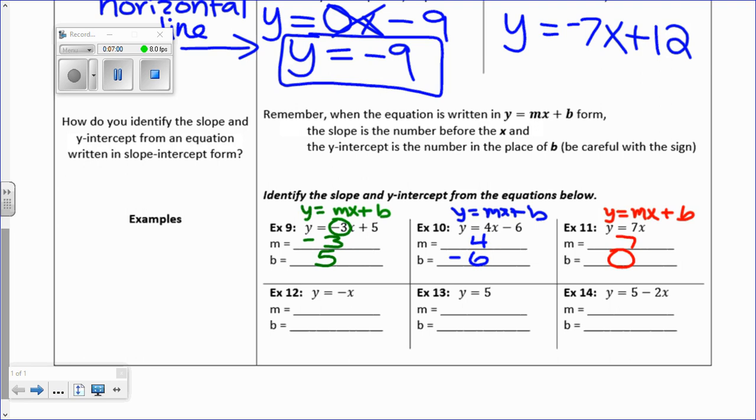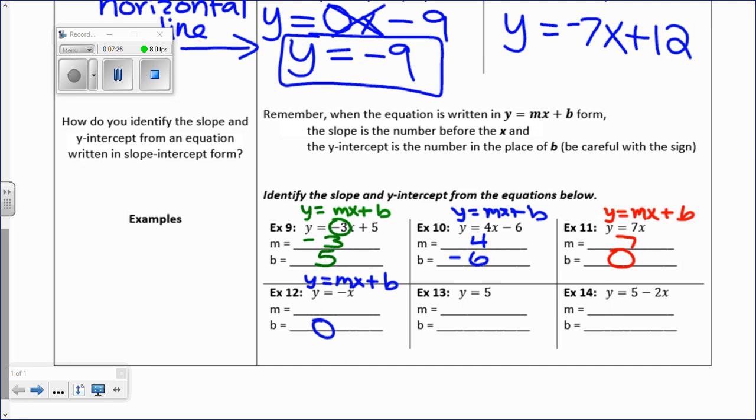All right, so again, if I look at example 12, we got y equals -x. So we write y equals mx plus b. Again, I have nothing in the spot for b. There's no plus or minus, so that tells me our y-intercept is at 0. But if I look at what's in front of the x, because that's where our m would be, I just see a negative sign.